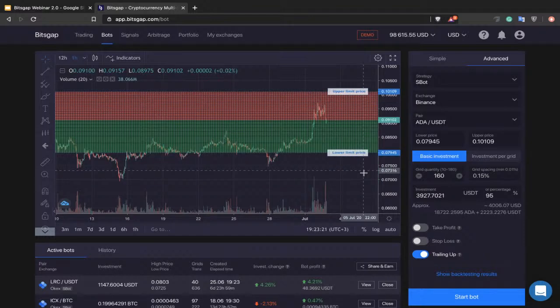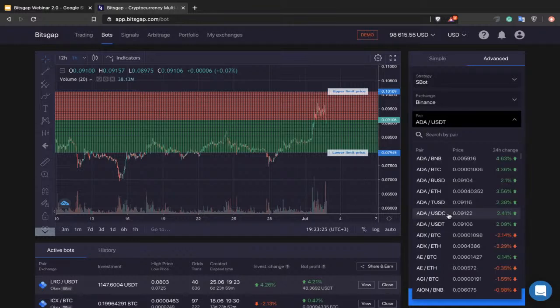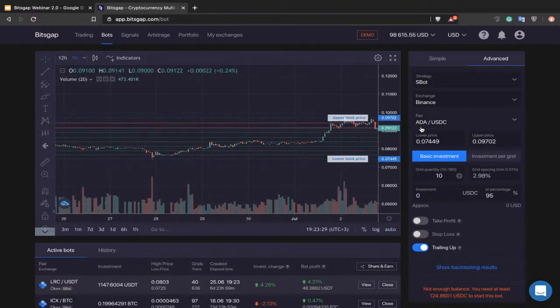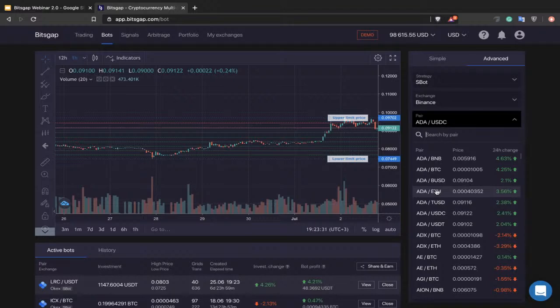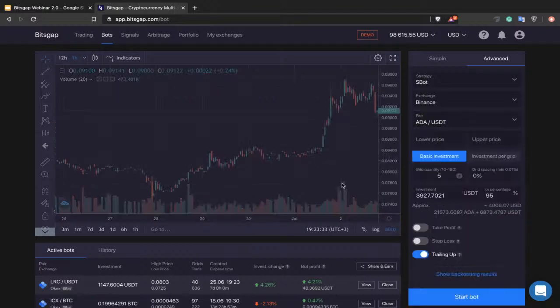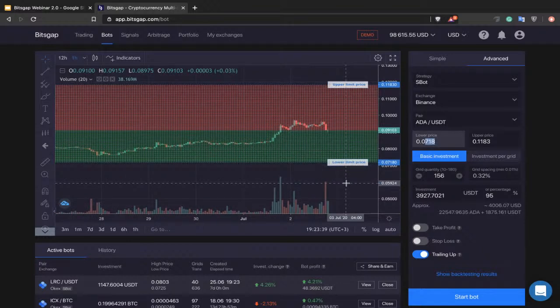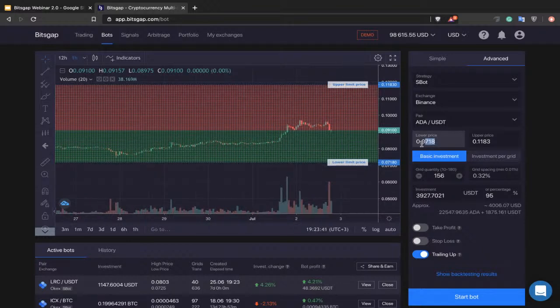And notice that when I click on the cryptocurrency pair, so let's say ADA to USDC, the system automatically plots the trading range, which you can then adjust. Let's say you want your lower limit price to be at 0.06, so here we go.